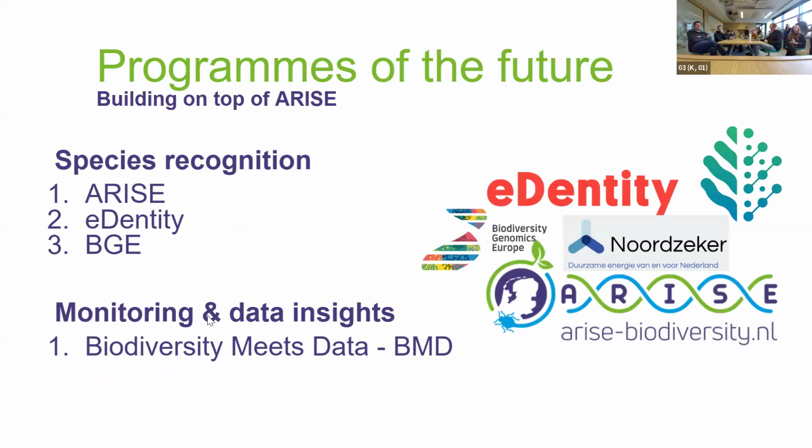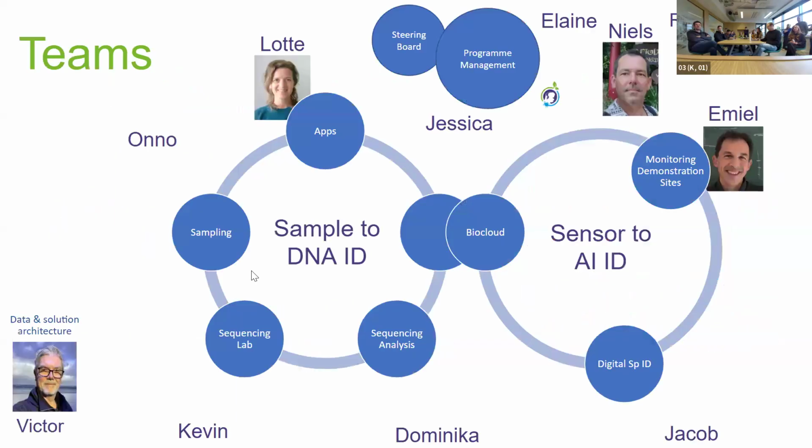Like I said, we have multiple programs now that nicely click into each other. Most of them are around species recognition and how can we build up our capabilities around identifying species in the field or basically anywhere rapidly with the latest technology, but also how then can we transfer to monitoring and actually getting data insights about our biodiversity and ecosystems.